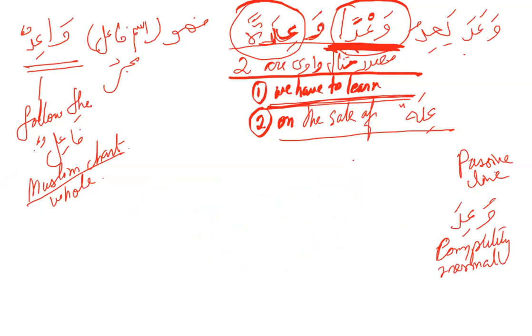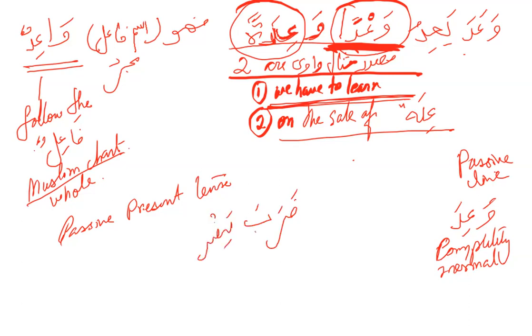Now, the next is passive present tense. So remember, we said that it is daraba yadribu. So it was wa'ada and ya'idu. The waw was dropped here.